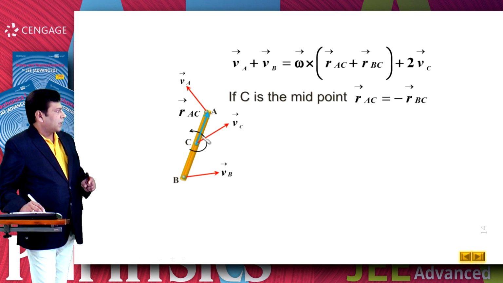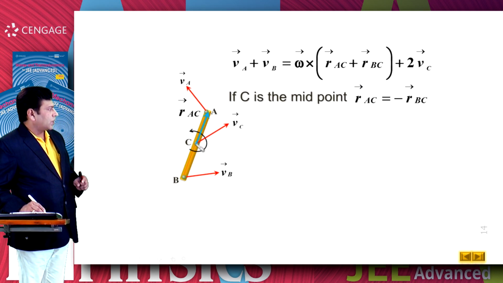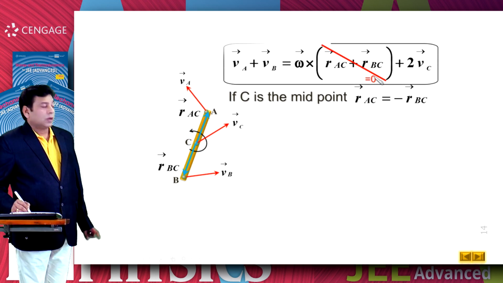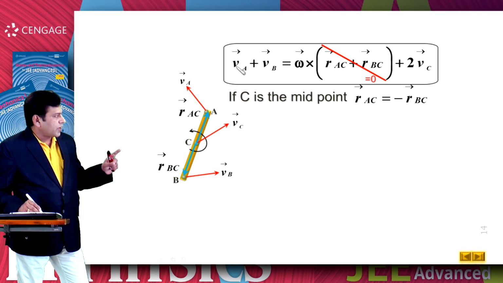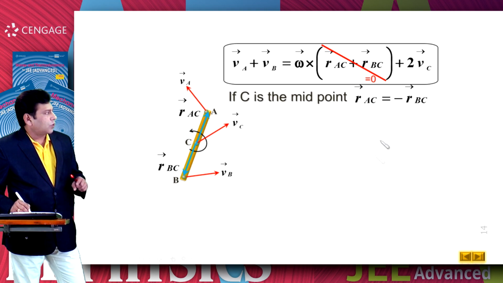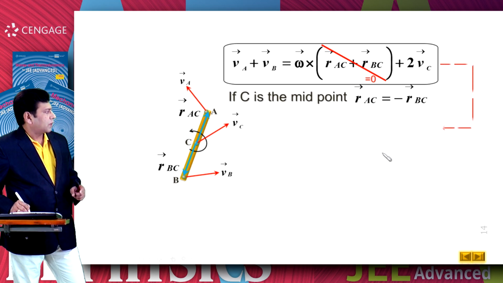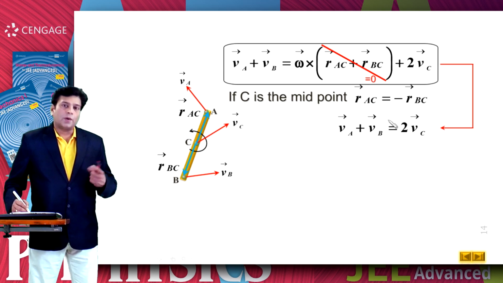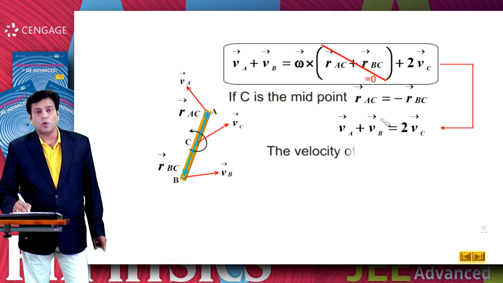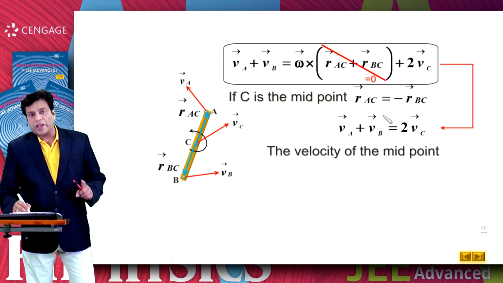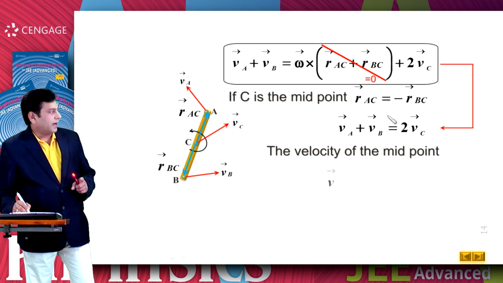We can observe here this RAC is in this direction, RBC is in this direction. That's why these terms get cancelled, that is equal to 0. Now we get a very simplified equation, VA plus VB equal to 2VC. Right? We can further rearrange this equation and write the velocity of the midpoint, VC, equal to the vector VA plus the vector VB, divided by 2.